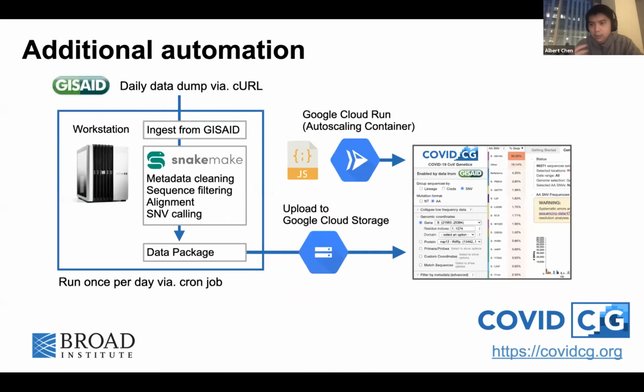And yeah, after some additional automation, we were eventually able to make this 100% hands-off. First of all, we were able to get access to an API from GISAID so that we no longer had to manually download data every day. We expanded our pipeline to make calls to the API and also automatically upload data to Google Cloud Storage. And we did this all once per day via a cron job. We also moved our server from manually managed VMs to Google Cloud Run, which runs off of Docker containers.